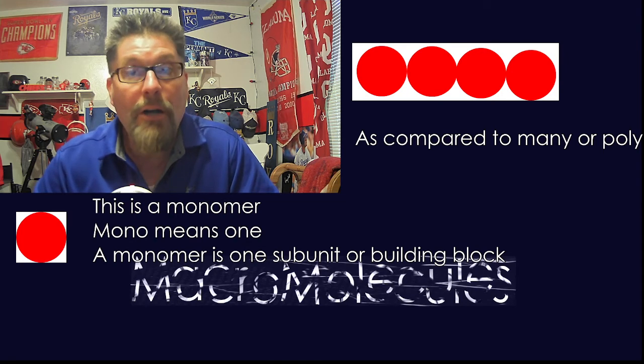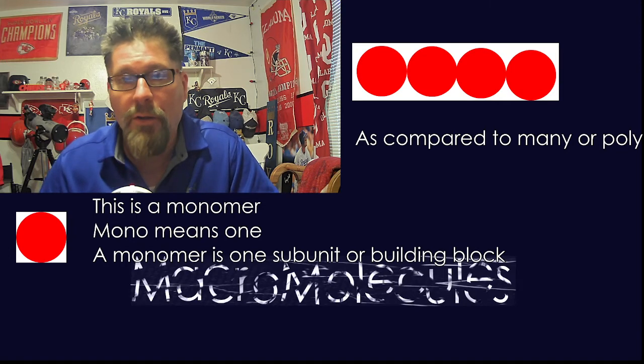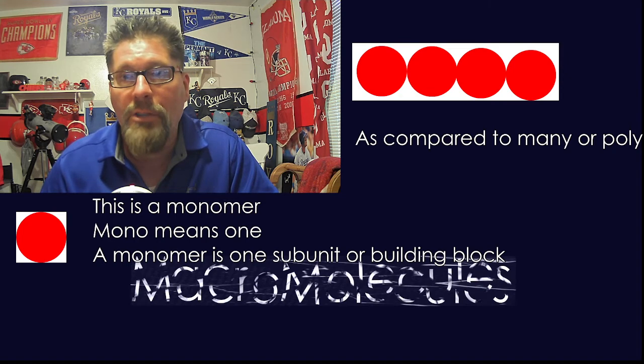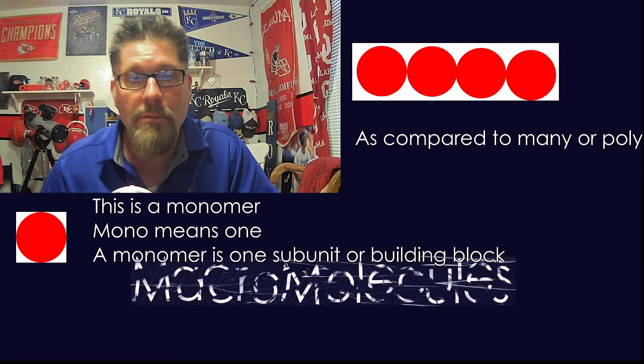Glucose is a monomer, so they can be pretty complex molecules, but they're just one, and multiples are put together to build polymers. Just like you can see here in the red circle below me, that's one. That would be a monomer. And then beside me here, there's a collection of monomers, and that would be a polymer.